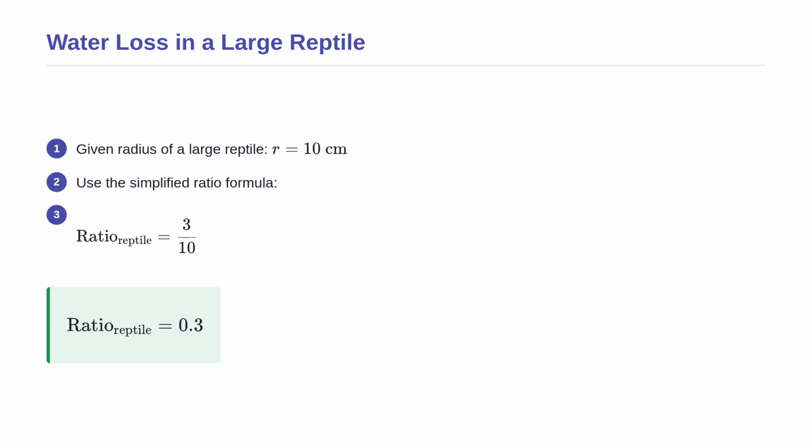Notice how small this number is compared to the frog. Because the reptile is larger, it has significantly less exposed skin relative to its massive internal water reserves. This mathematical reality is a key reason why increasing body size was a major evolutionary adaptation for conquering land.